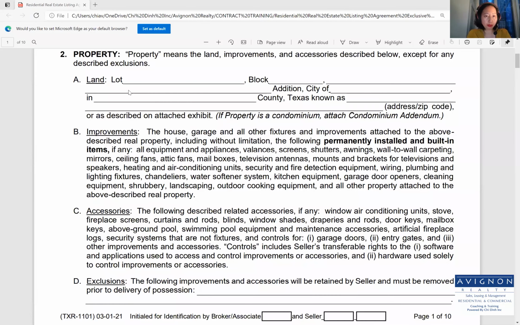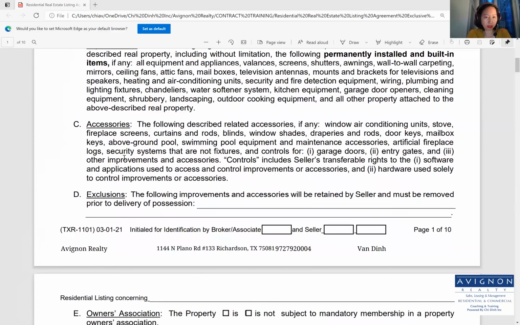Paragraph 2, property. Property means the land, improvements, and accessories described below, except for any described exclusions. So the land information, A, all the information needs to go here. And then B defines what the improvements are. C defines exactly what the accessories are.